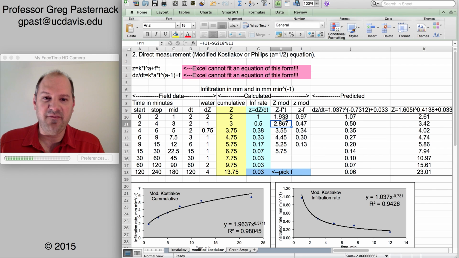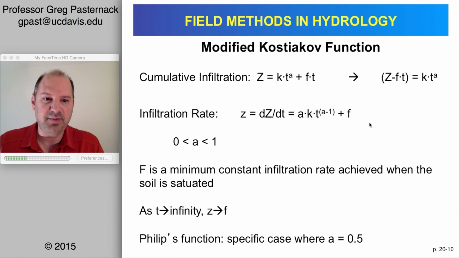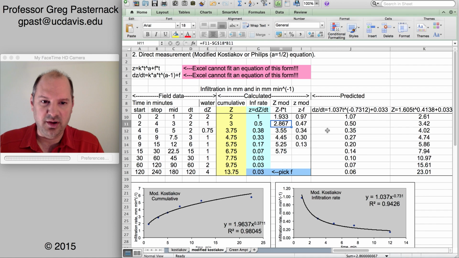And we now make a fit. If I plot this z mod on the y-axis and t on the x-axis, then I can get the coefficient and the exponent that corresponds with over here, the coefficient k and the exponent a. Okay, so that would give me that.